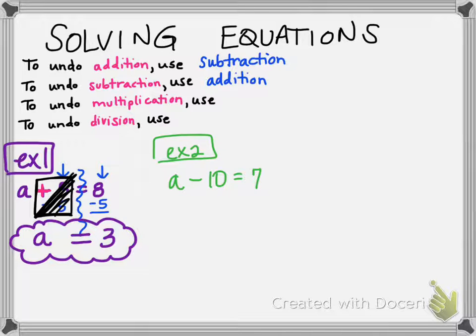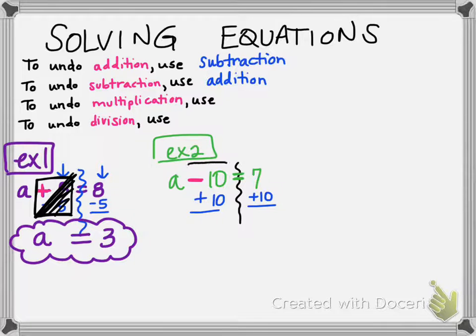So once again, we have our two sides of the equation, the left side which has the expression a minus 10, then the right side which just has the expression 7, and we are using a negative 10, or we're subtracting that. So to undo or eliminate subtraction, we will use addition, one time on the left side and one time on the right side.